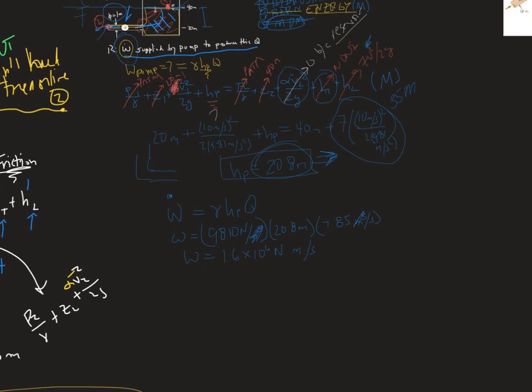Now you should know that a Newton times a meter is a joule, and a joule per second is a watt. So my answer is that the work equals 1.6 times 10 to the 6th watts, which equals 1.6 megawatts.